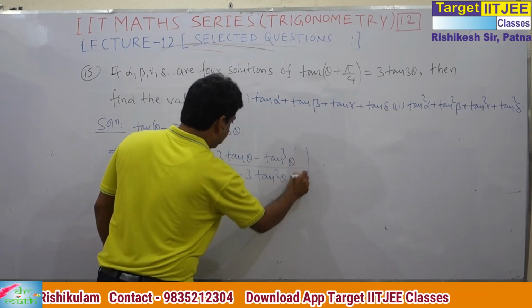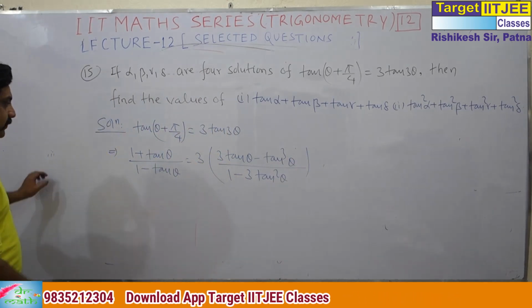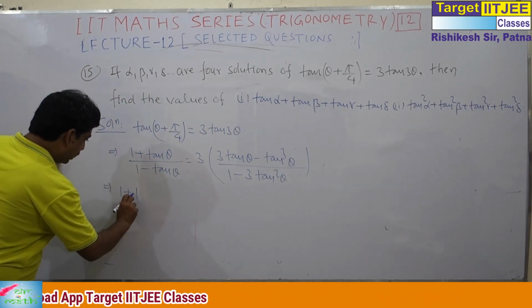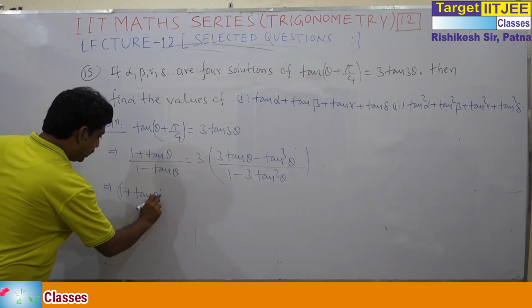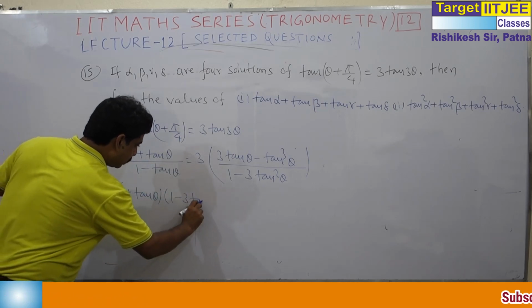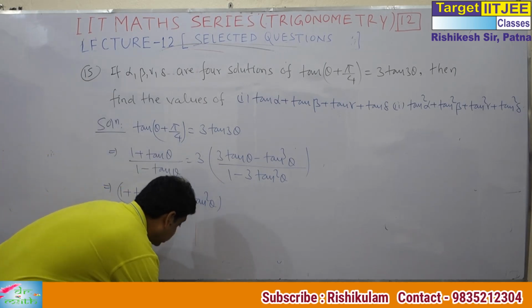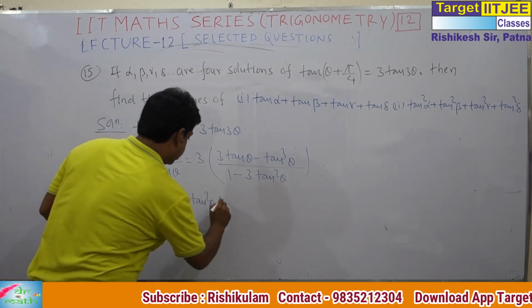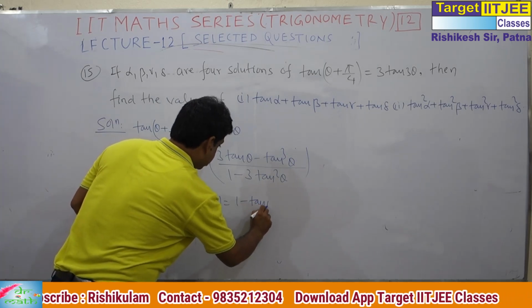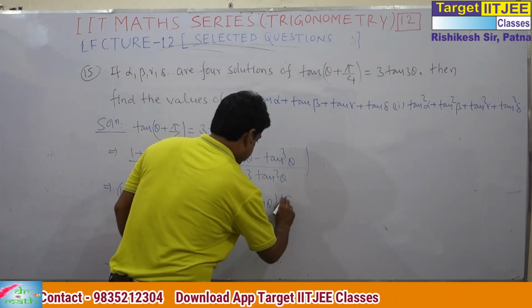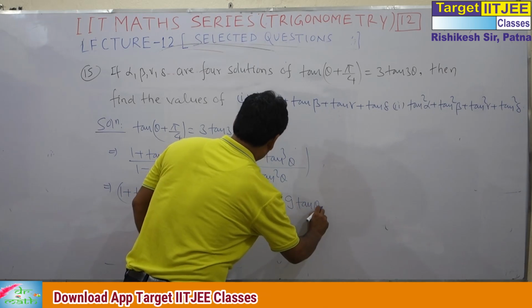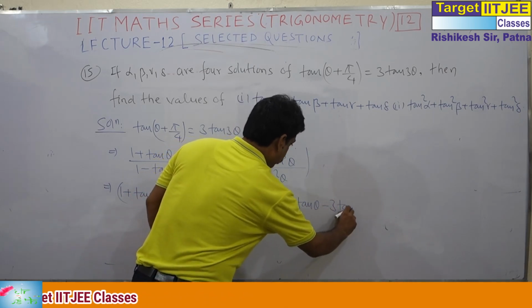I am doing nothing, I have changed it in tan theta. Let's multiply. It's 1 plus tan theta into 1 minus 3 tan square theta, and this will be 1 minus tan theta times 9 tan theta minus 3 tan cube theta.